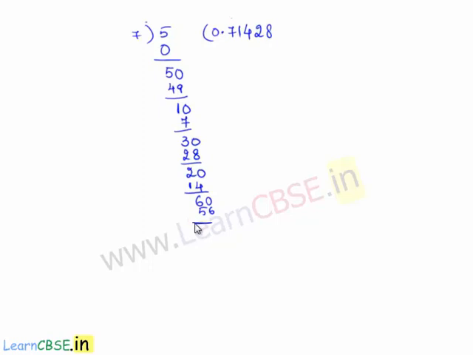So now we have the remainder 4. Because of the decimal point, 4 becomes 40 and 7 goes in 40 5 times. So 7 times 5 is 35 and the remainder is 5. So from here, the remainders repeat themselves. Therefore, the decimal expansion of 5/7 is equal to 0.714285 bar.